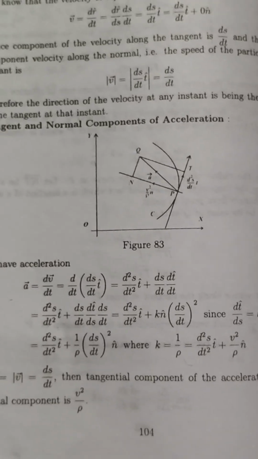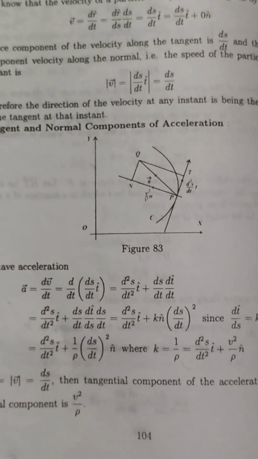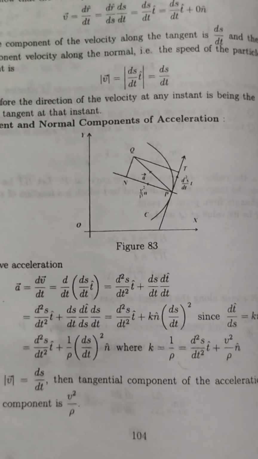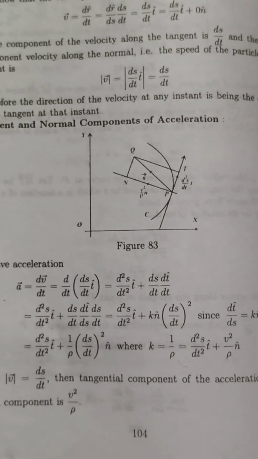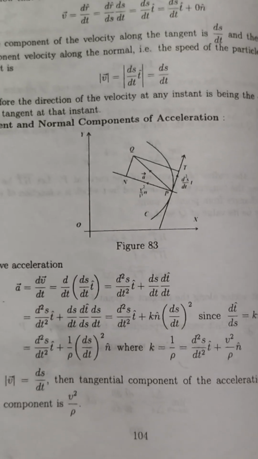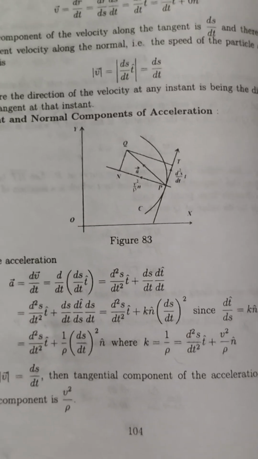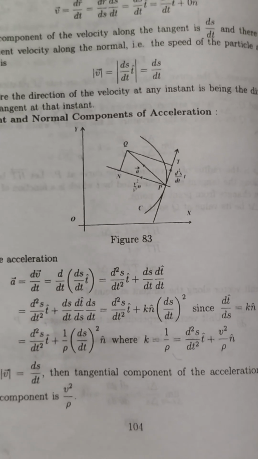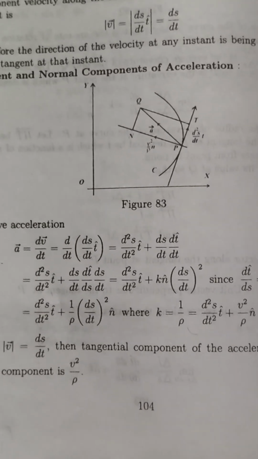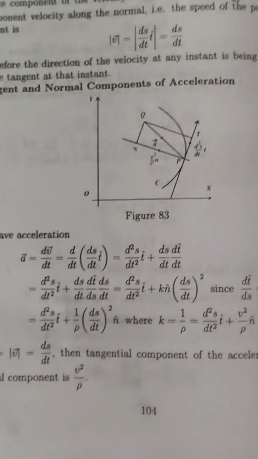In this case, taking first constant, ds by dt, the derivative is d2s by dt square, plus ds by dt is constant and the derivative of t bar is dt bar by dt.